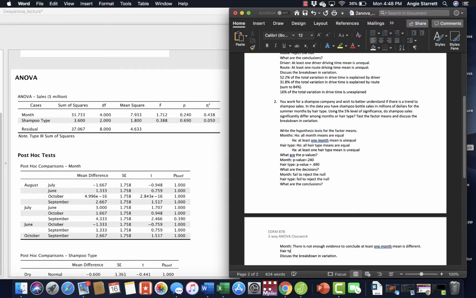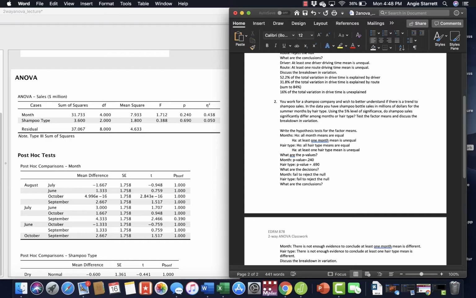And for hair type, same thing, there is not enough evidence to conclude at least 1 hair type mean is different.